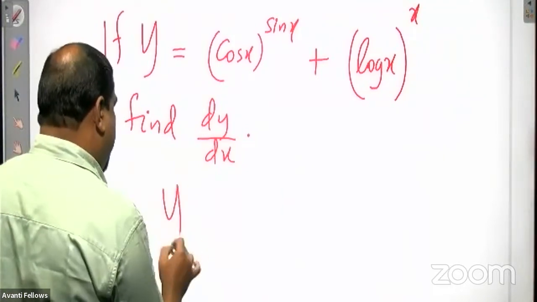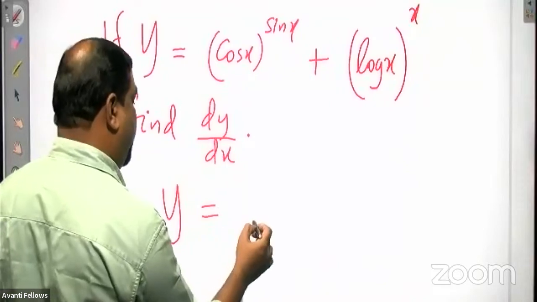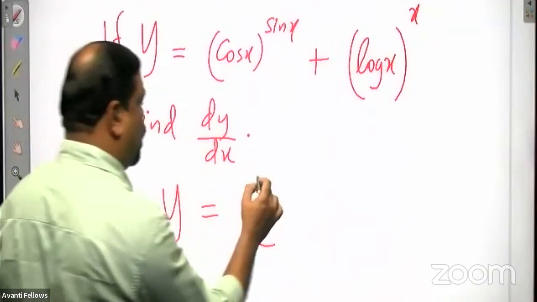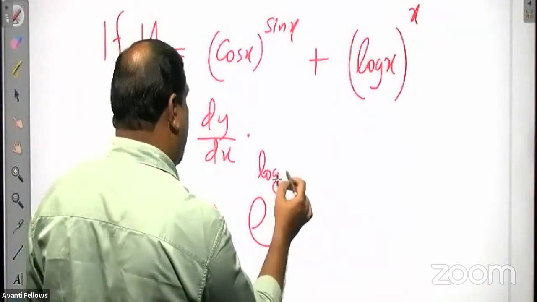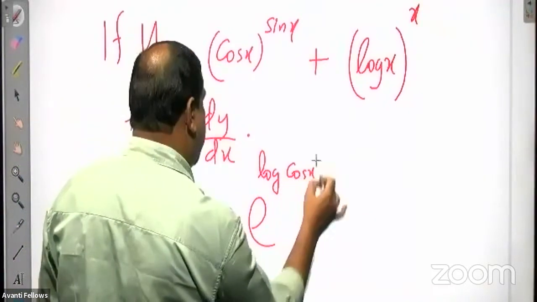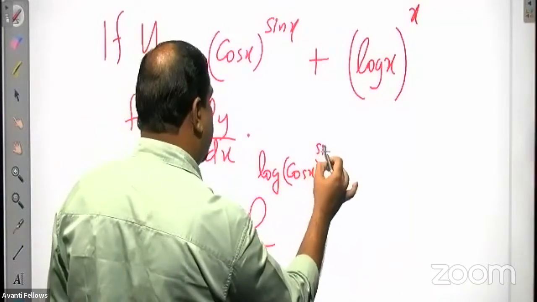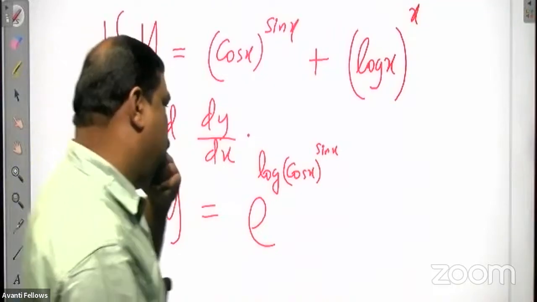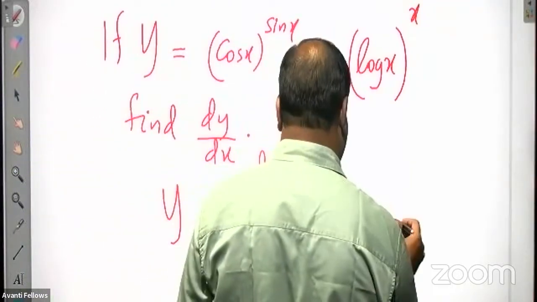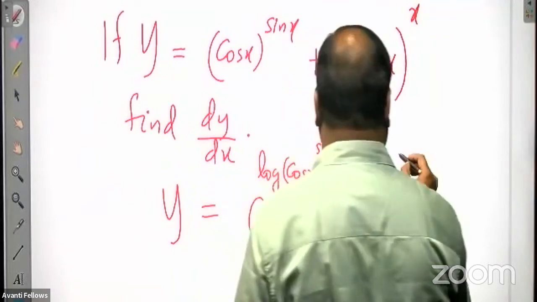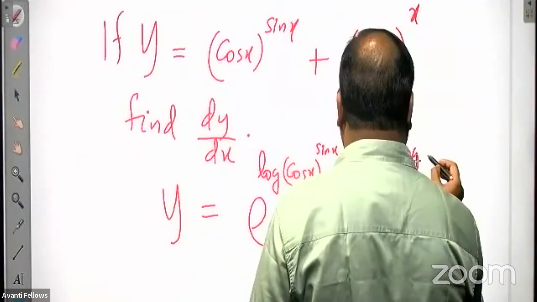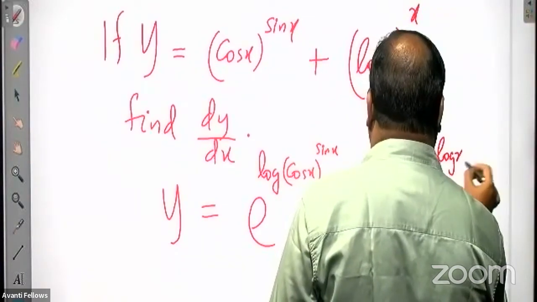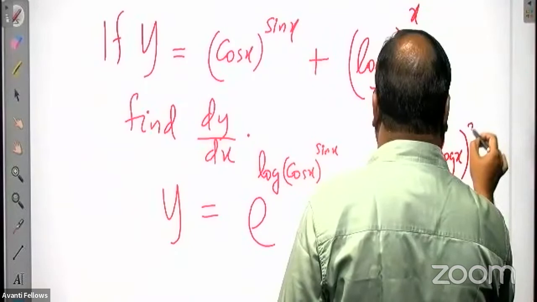So this can be written as y is equal to e raised to log of cos x raised to sin x, plus the second term also, e raised to log of log x raised to x.